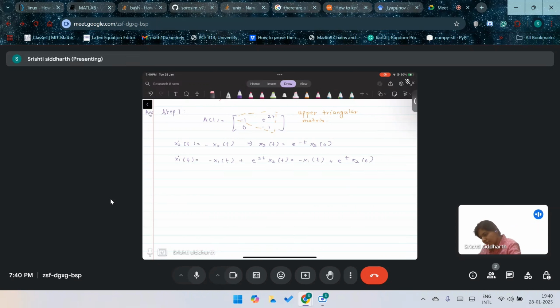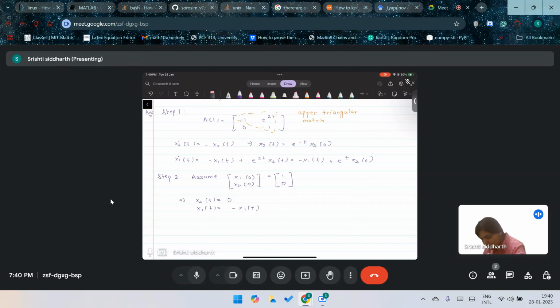So this was step 1. So step 2, assume that x1, x2 at time 0 is, let's say, 1 comma 0. Okay, so if this is the case, then x2(t) is simply 0 and x1 dot of t is simply minus x1.